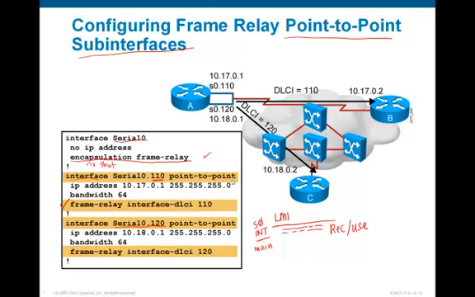So in this example, after creating the sub-interfaces, we use the command frame-relay interface-dlci 110 for this particular sub-interface, and we use the same command frame-relay interface-dlci 120 on the other sub-interface. So what this means is that circuit 110 is now reporting to sub-interface S0.110, and that circuit 120 is associated with this particular sub-interface.